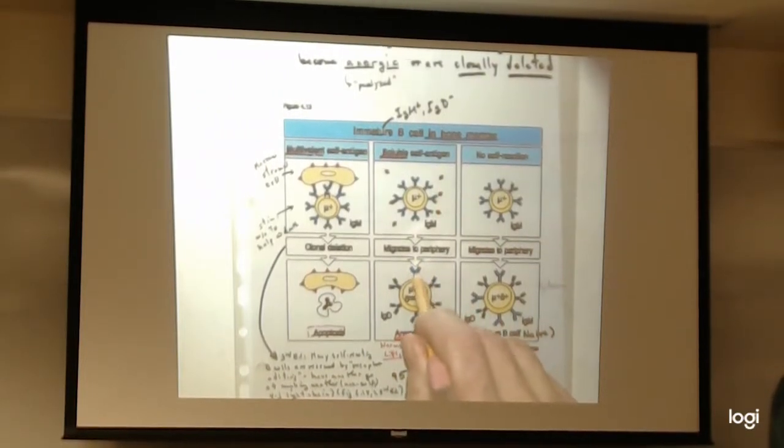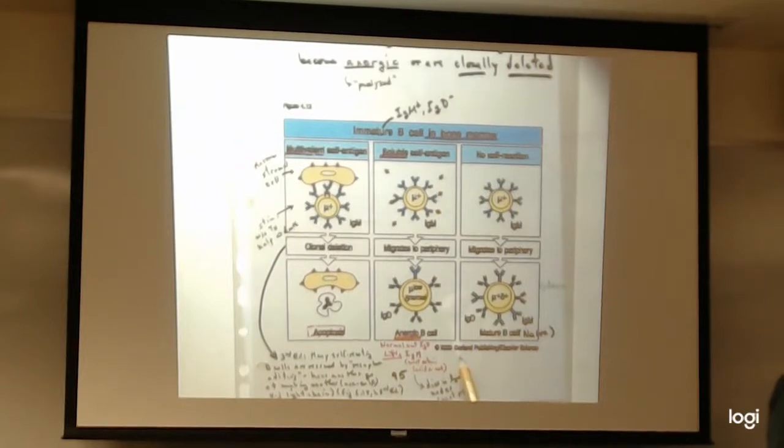That cell, when it gets into the lymph node, is not going to gain access to survival factors, and it will die. So it dies for lack of the support that it needs. They say anergic B cells are kind of like dead man walking.